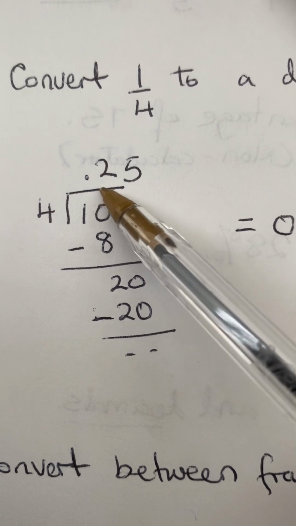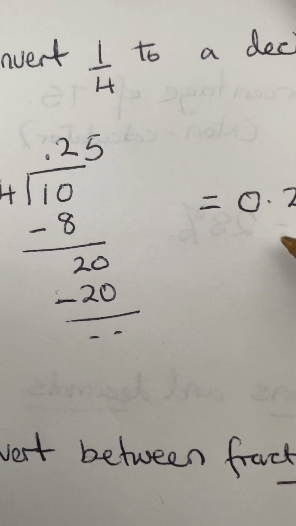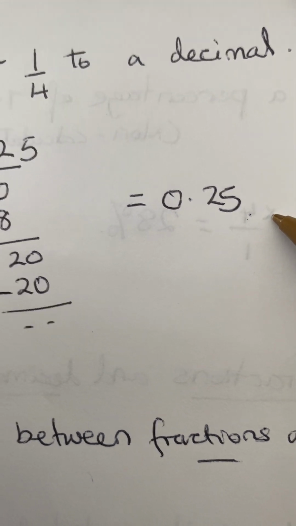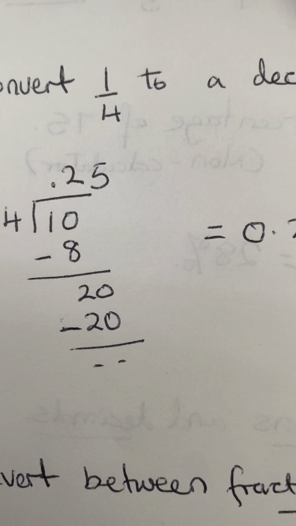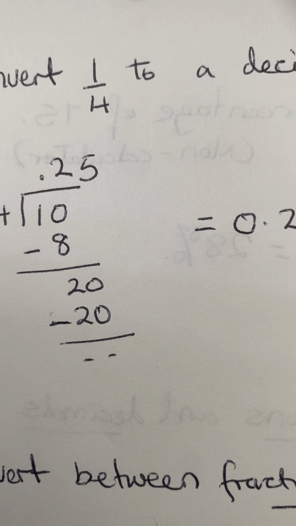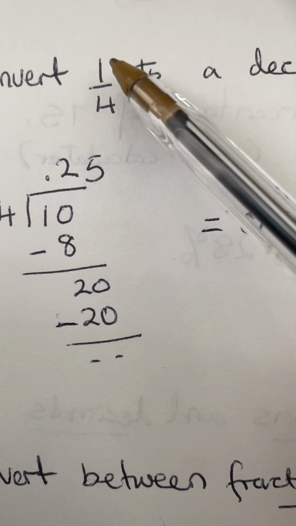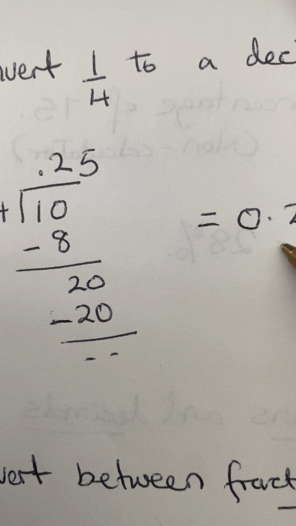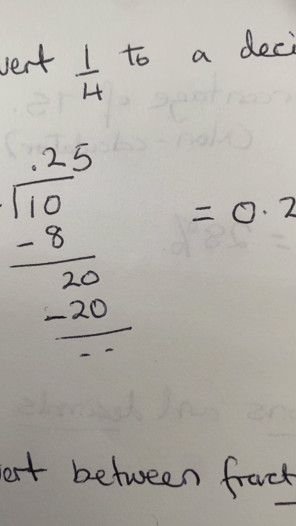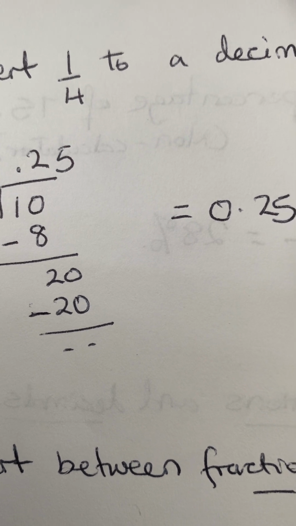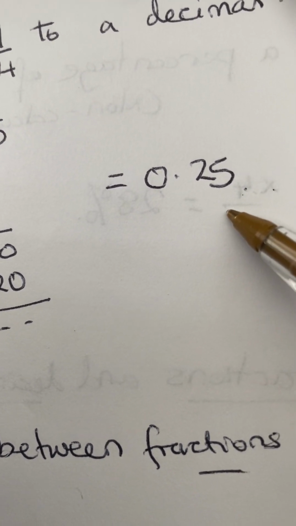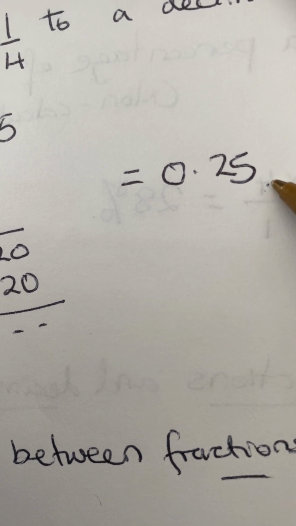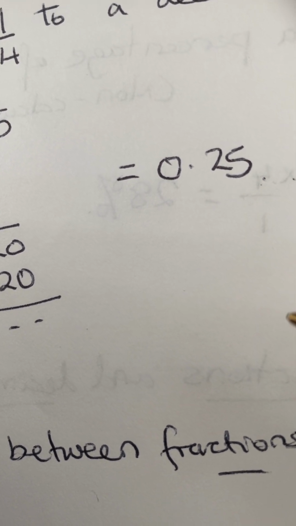So now our decimal is 0.25. Okay, that is if you don't have a calculator. So now a fraction 1/4 becomes 0.25. Okay, and if you want the percentage, you multiply by 100, which will give you 25%.